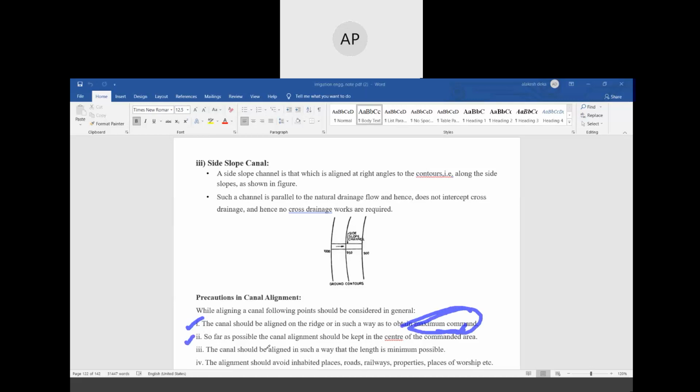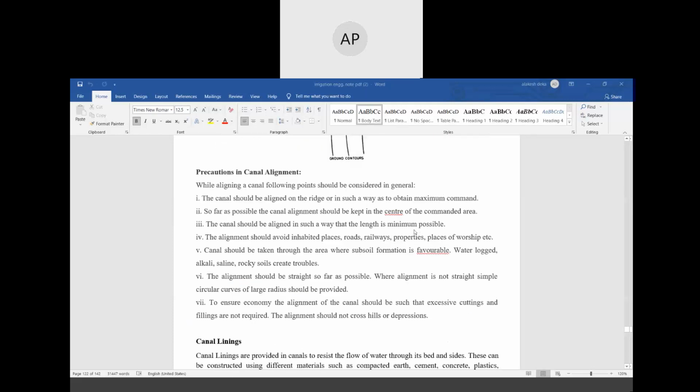So far as possible, canal alignment should be kept in the center of the commanded area. The canal should be aligned in such a way that the length is minimum. You have to keep in mind that the length of the canal is minimum.